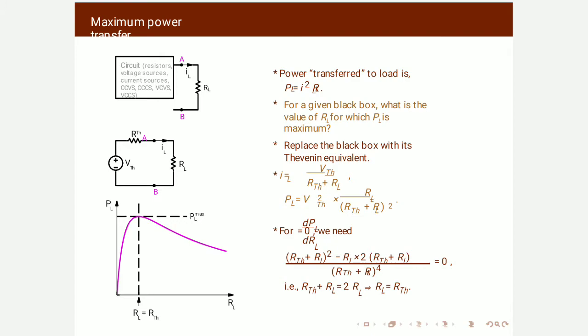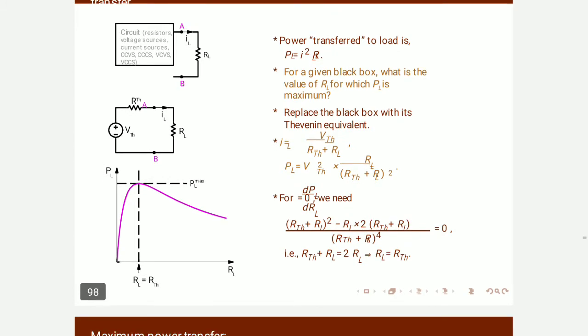So the load current IL is equal to VTH by (RTH plus RL). The power formula is PL equal to IL square into RL. Substituting this IL in PL, PL is equal to VTH square into RL divided by (RTH plus RL) whole square.